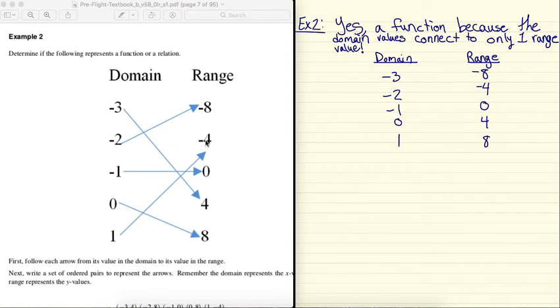And I'm going to use a different color to do my arrow. So -3 went to 4. -2 went to -8. -1 went to 0.